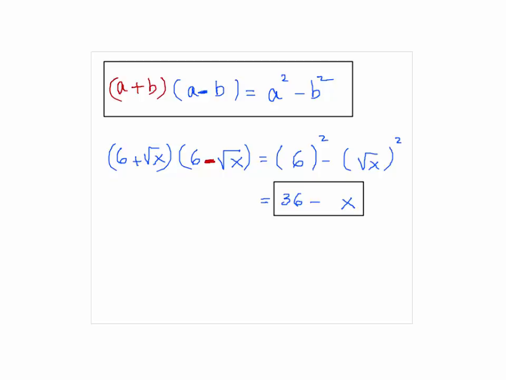Every time you multiply a binomial by its conjugate, the result is the difference of squares, and these squares cause the radicals to be eliminated. And what it is, it's just multiplying each binomial by its conjugate. That's exactly right.